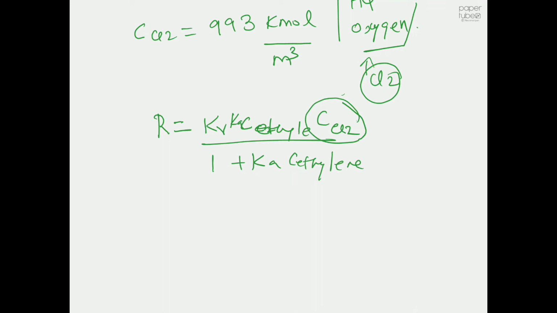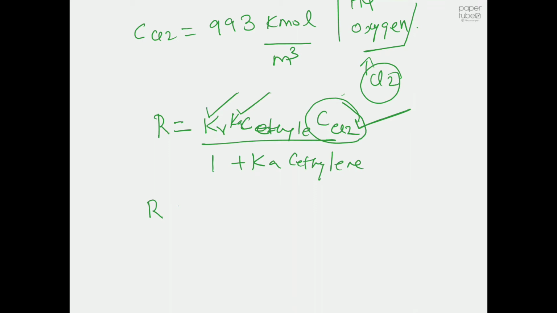Now we have some parameters. We know the value of Cl2, which is a constant, and we know the rate constant and the adsorption constant. So we can use all these values to simplify this expression.